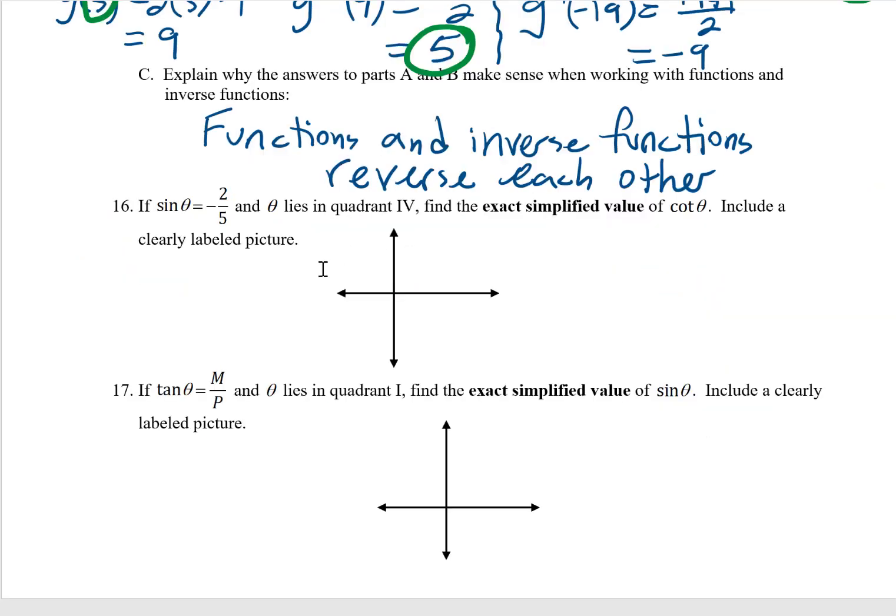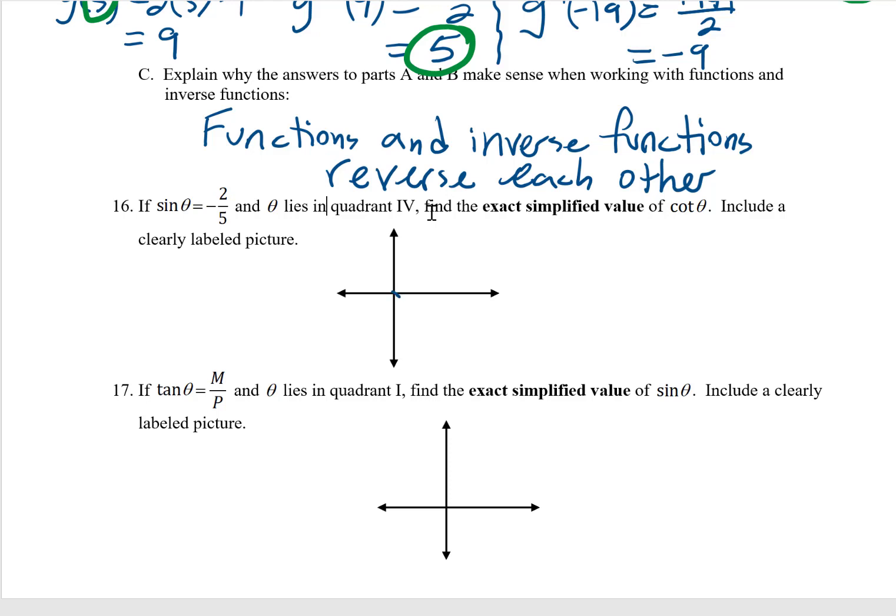Problem number 16. So I'm given a trig statement, sine theta equals negative 2/5. I am told what quadrant theta lies in. I want to find another trig ratio for that same angle. Notice that I'm never asked here to actually find the angle, and I don't need to. We're going to do this entirely by hand.